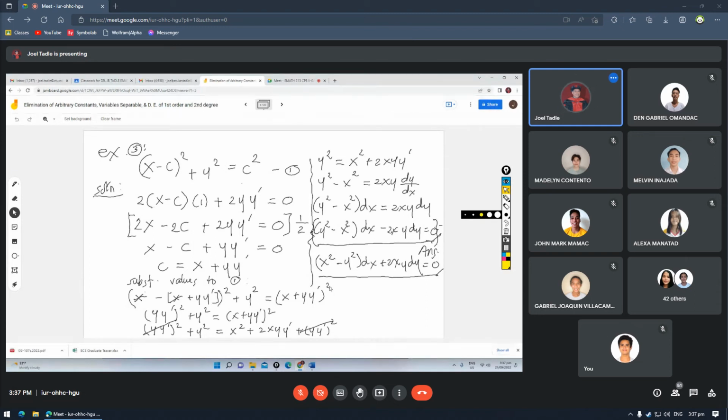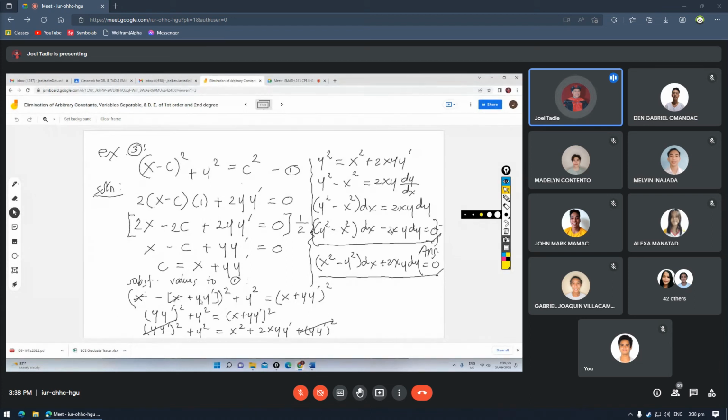Then ang sunod atong cancel out ang x. Kay kanang negative mo ato na siyang i-distribute sa bracket. Mahimo man na siyang negative x, anya ma-add na to sa positive x, so that is 0. So ang nabili na to diri guys is negative y prime.